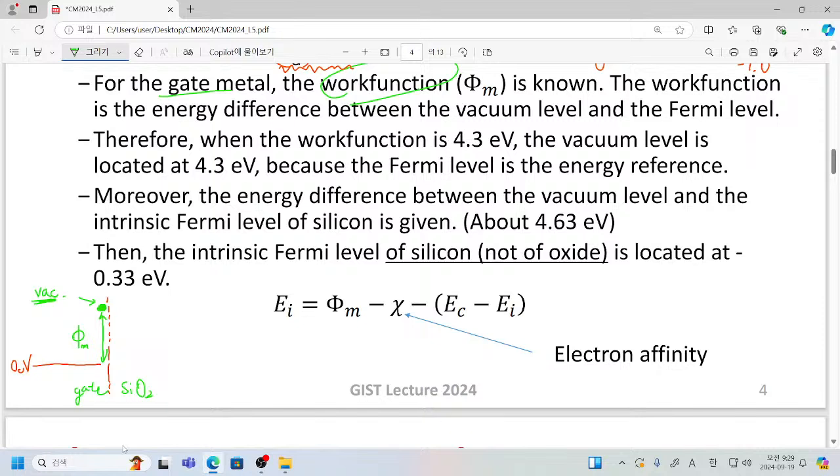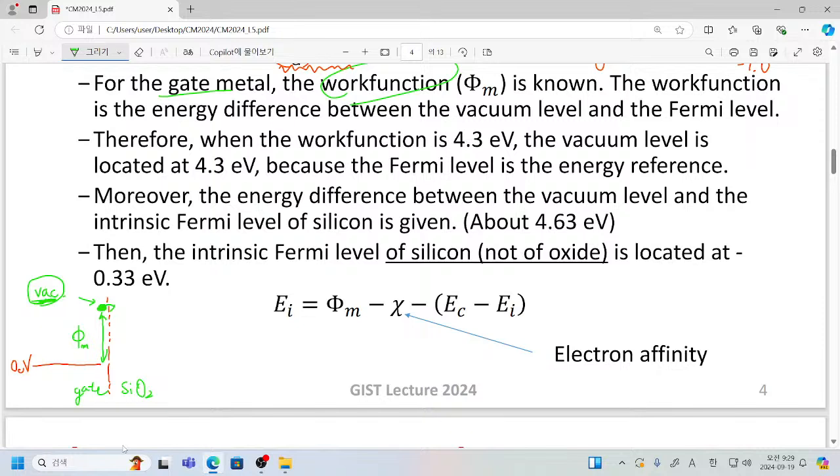I mean that vacuum level means the level experienced by a free electron. Already this electron is overcoming all kinds of restriction done by our material composition, so it does not see any kind of discontinuity when it crosses this gate metal and silicon dioxide interface.